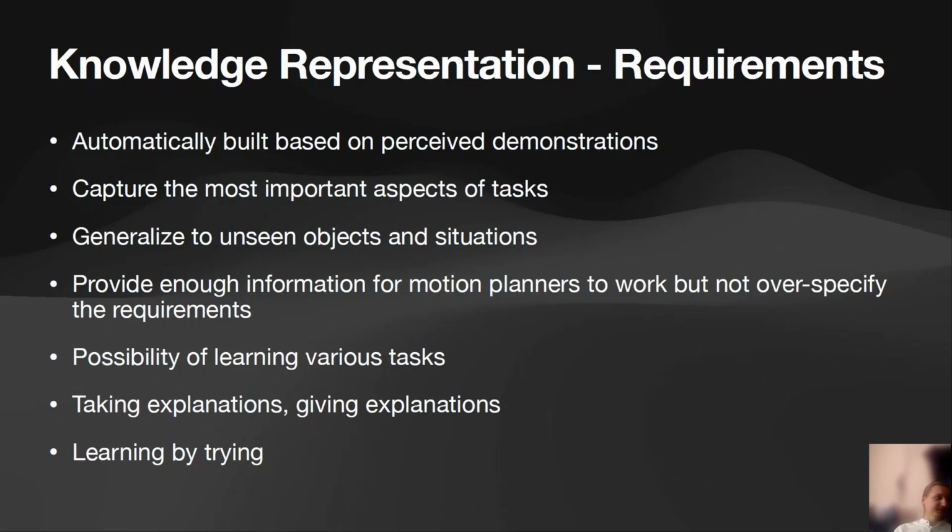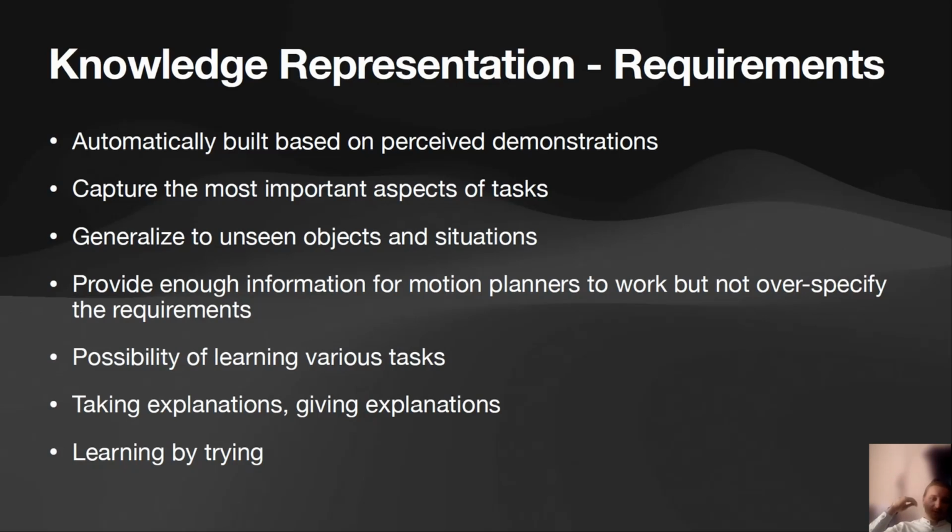And as a bonus for our project, it should be possible to give human-understandable explanations to humans. I mean, not natural language, but some form that we could understand, not just a matrix of weights, but something that's meaningful.